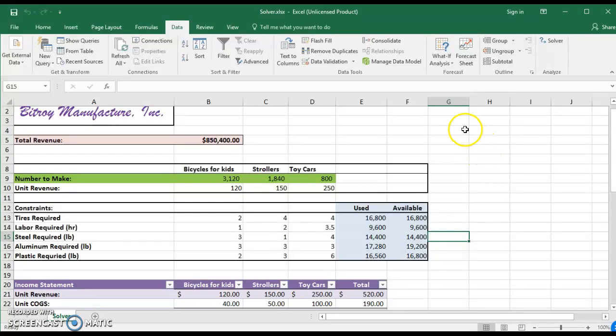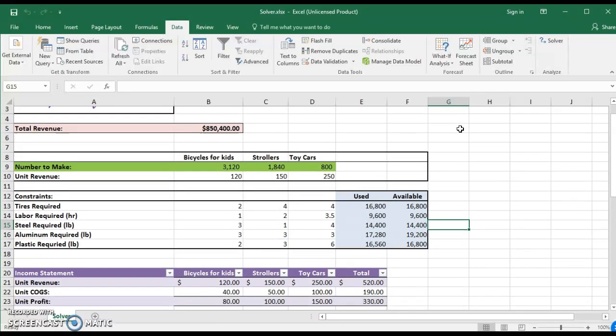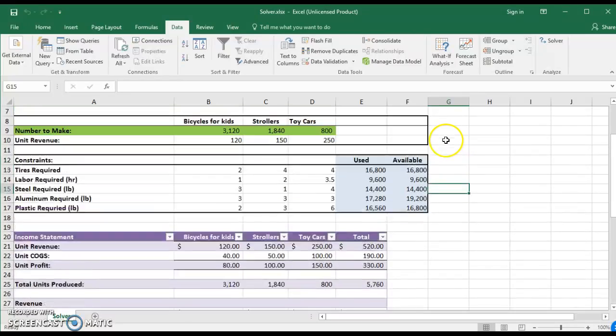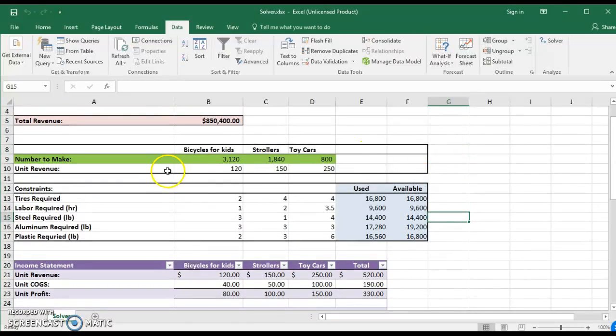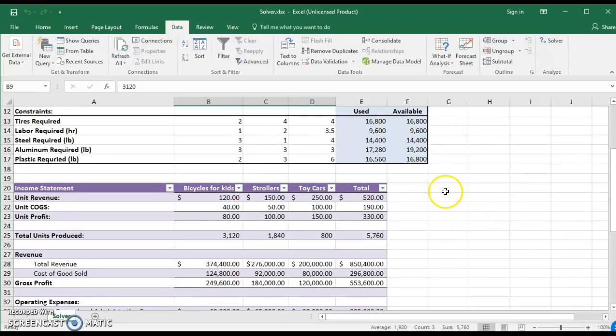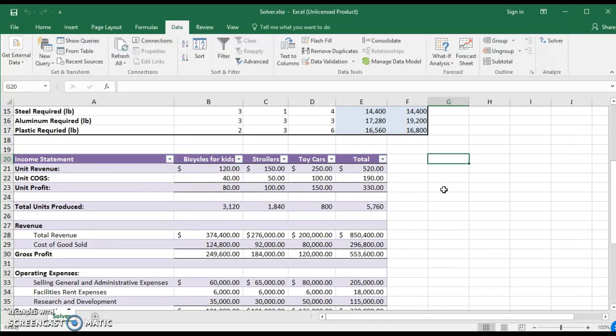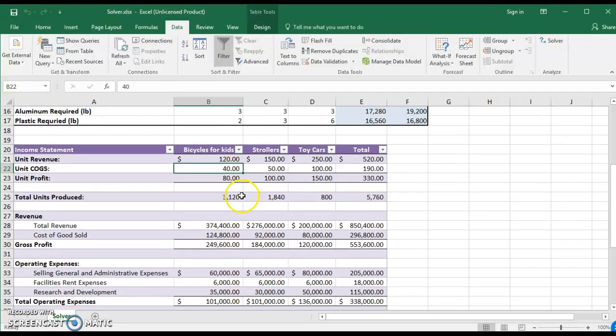This video shows the income statement for each of the products and the aggregate level. After we come up with the number of units to make, we can estimate what the revenues are, what the expenses are, the cost of goods sold, and other operating expenses.